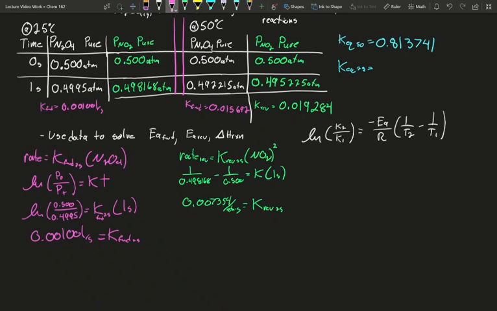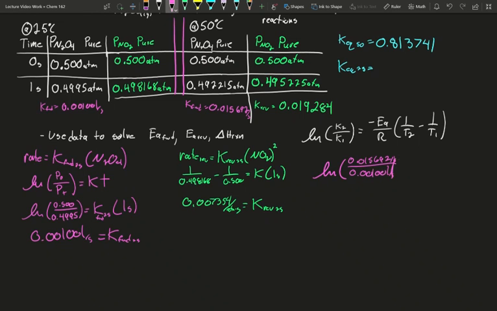Let's go ahead and do the forward reaction first. Natural log of our K2, let's make our 50 degrees Celsius our second set. So 0.015692 per second divided by 0.001001 per second.